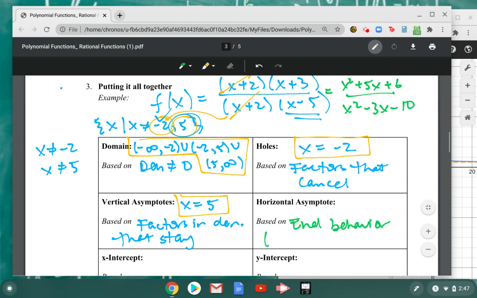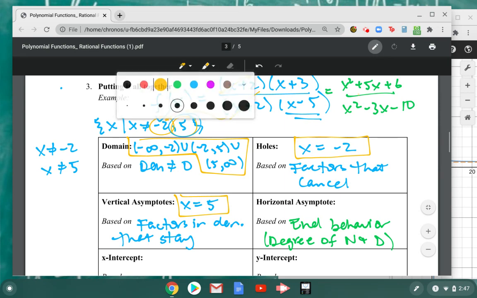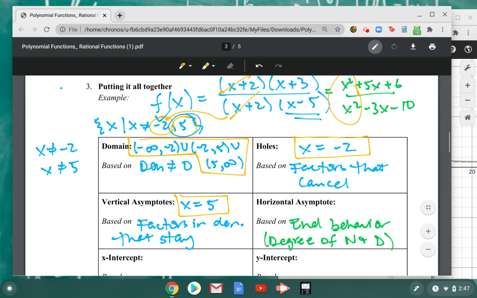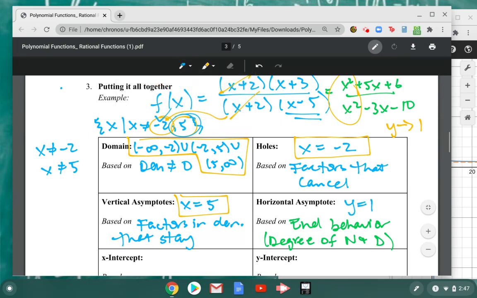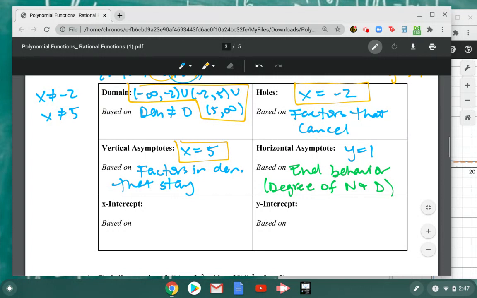Another really good way of saying that is it's based on the degree of numerator and denominator. Take a look at that in factored form. You can see that they have the same degree, which means that my horizontal asymptote is just the coefficient out in front. X squared over x squared tells me that y goes to 1. So my horizontal asymptote is y equals 1. There's no slant asymptote. It's either one or the other. So if there's a horizontal, that means there's no slant. I'll put that in parentheses here.